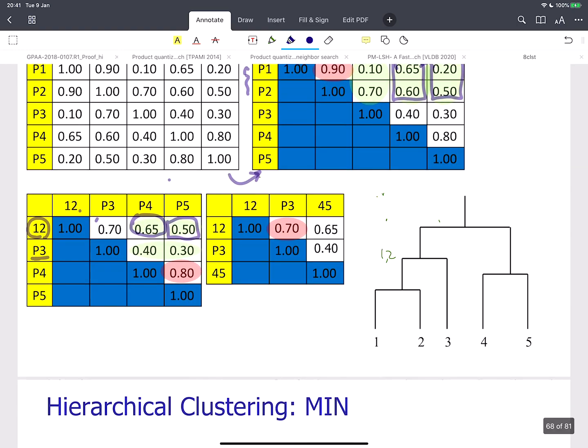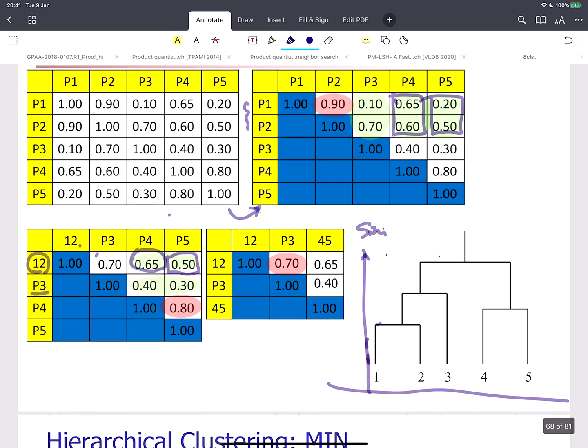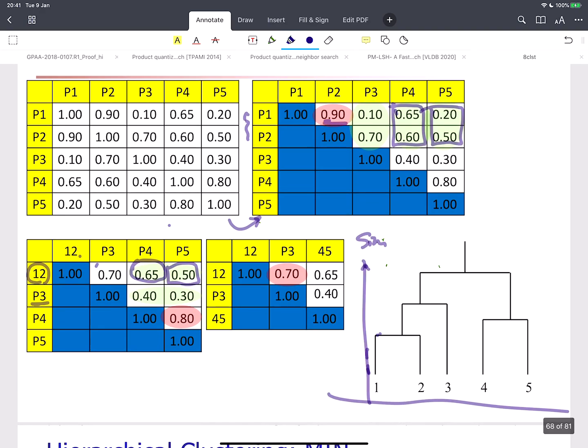So you can draw the corresponding dendrogram. This is just a sketch, but essentially this axis will be the similarity value, and the first time you merge 1 and 2 is at 0.9, according to the calculation.